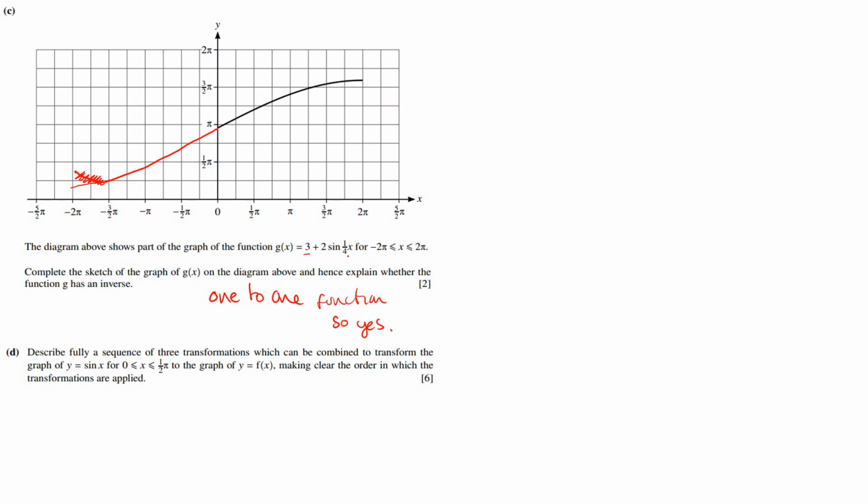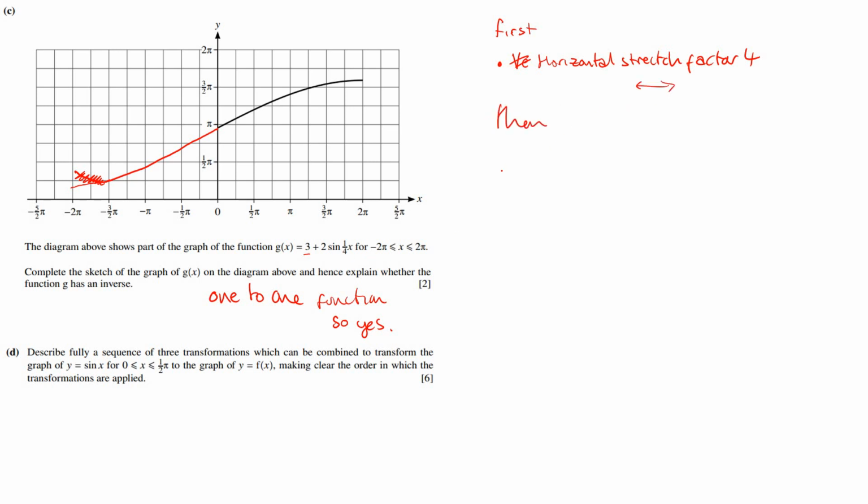So first off, you work inside the bracket. First, we deal with that. Remember if it's inside the bracket, it's affecting the x's, but it sort of tells a lie. So there will be a horizontal stretch factor 4. So it's stretching it out like that.